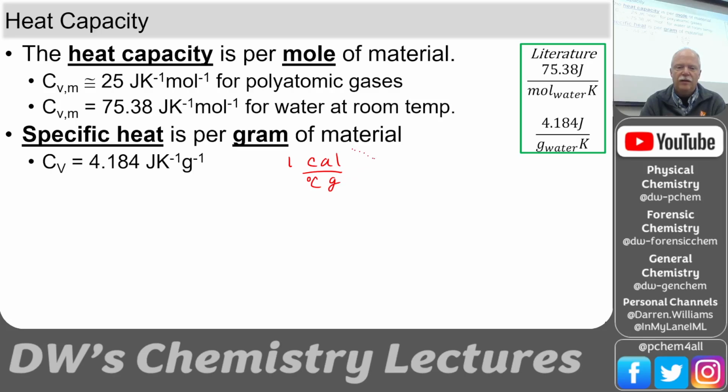And so water not only defined our temperature scale of Celsius from freezing to boiling, so 100 degrees in between. It also defined our energy scale here, in that it took 1 calorie to heat 1 gram of water 1 degree.